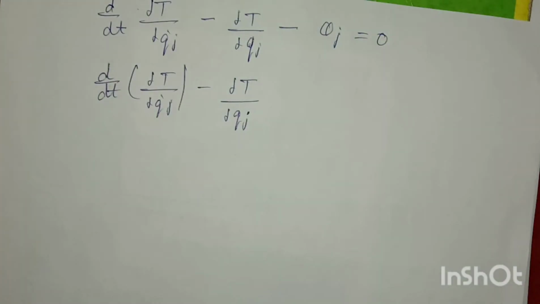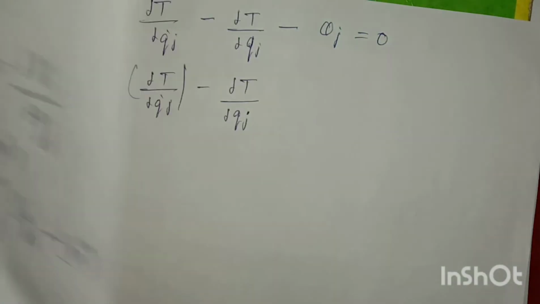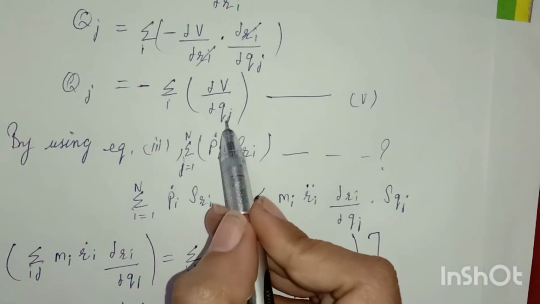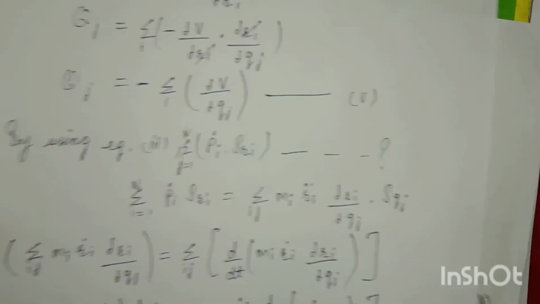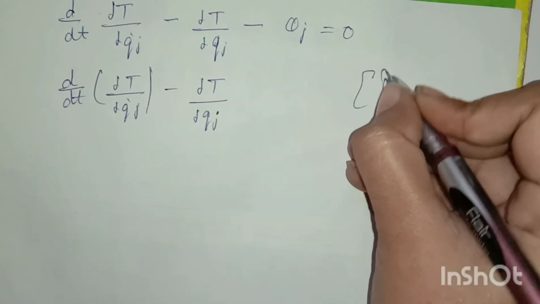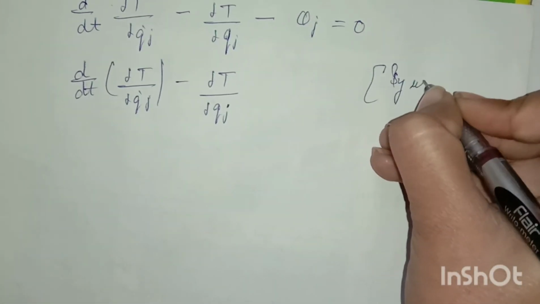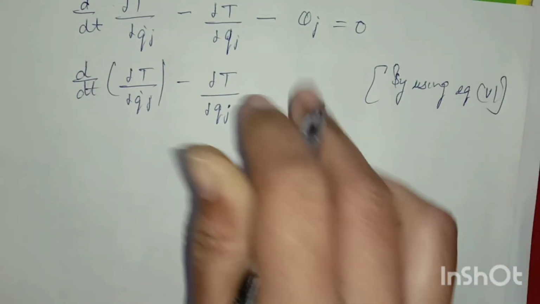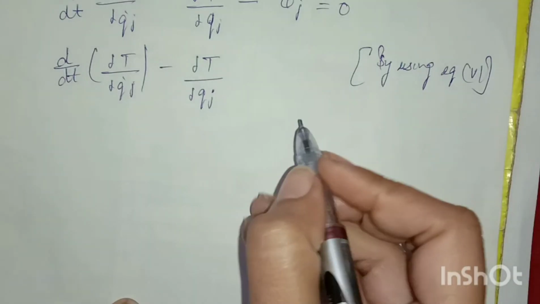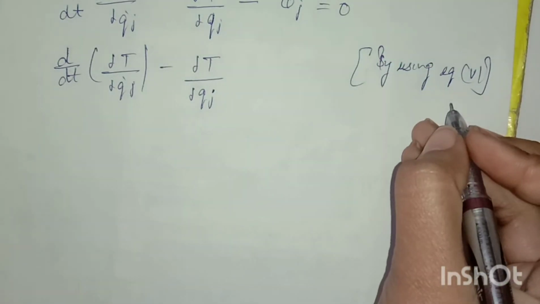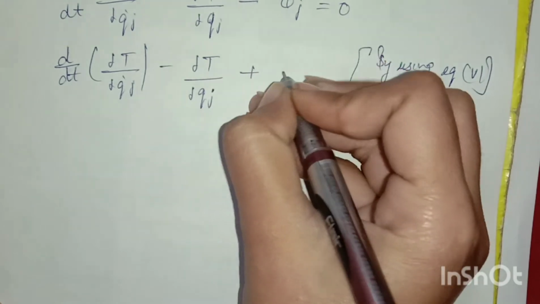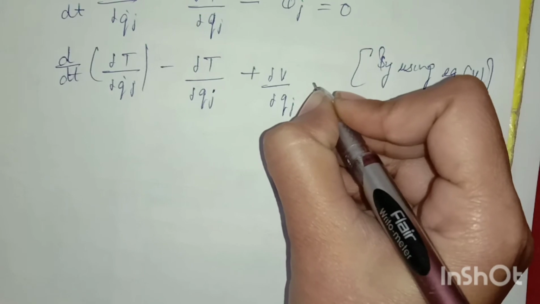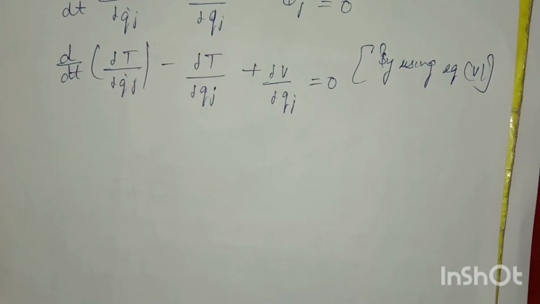Q_j's value, we find, is equal to −∂V/∂q_j. So using equation 5, put the value of Q_j. So you can write minus Q_j, which is minus minus plus ∂V/∂q_j, and then it is equal to 0.